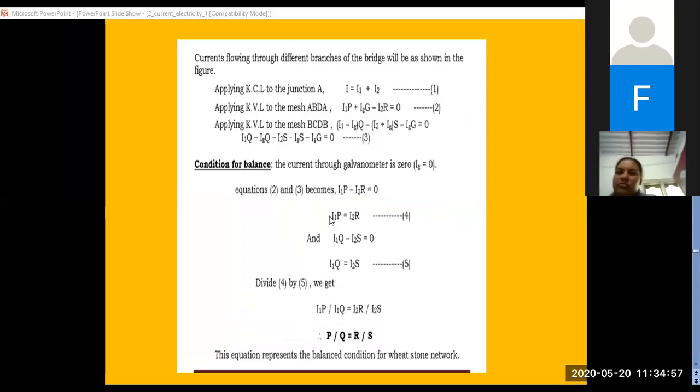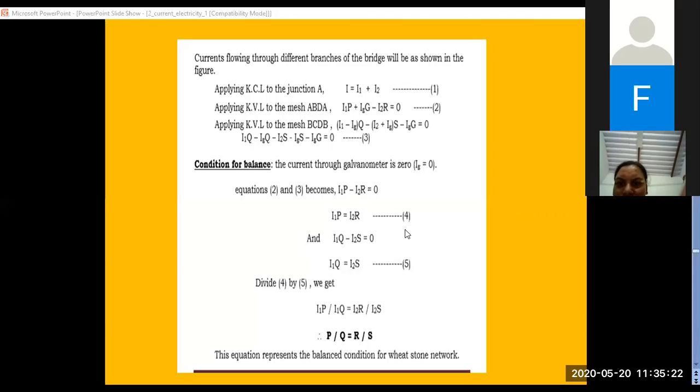You will get I1P divided by I1Q should be equal to I2R divided by I2S. Cancel out the like terms: I1 will get cancelled, I2 will get cancelled. We will get P by Q should be equal to R divided by S. When you write that, that is called the balancing condition for Wheatstone's network.